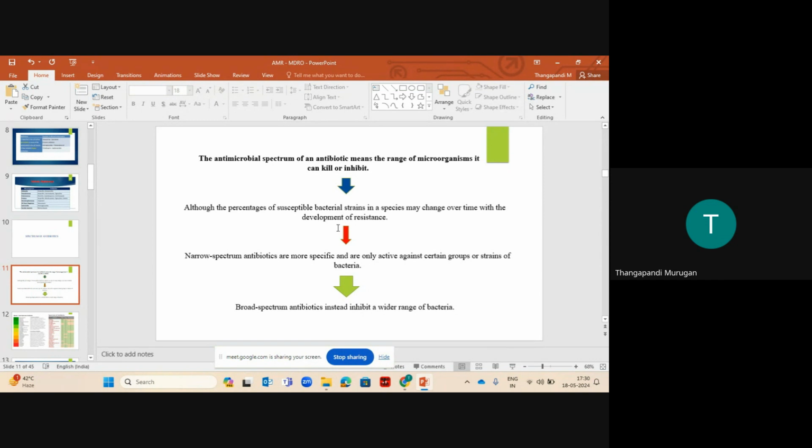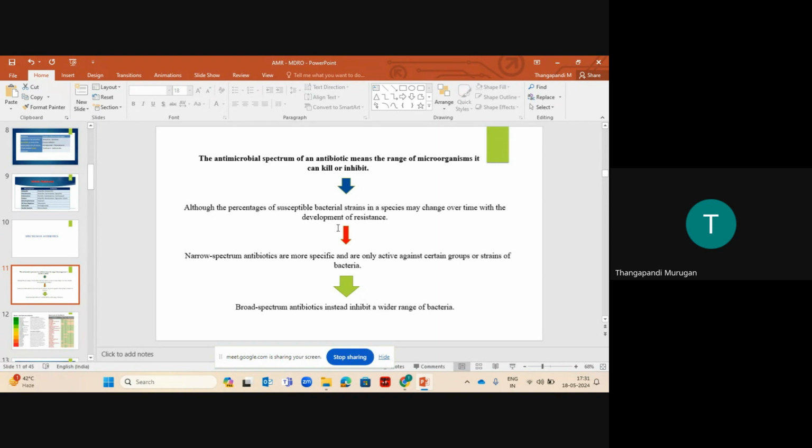It covers only very few organisms. The narrow therapeutic index has other parameters along with the spectrum. If you look at vancomycin, it is not going to cover gram-negative infections, or many infections in gram-positives either. It is limitedly available to treat infections. That is all about narrow spectrum antibiotics.